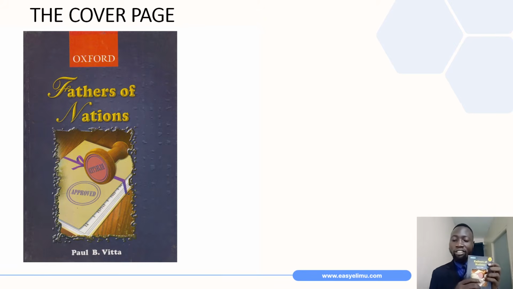What are some of the roles that fathers play in a family setup? Basically, we are made to understand that the role of fathers in a family is simply to provide for the family. In simple terms, putting food on the table.